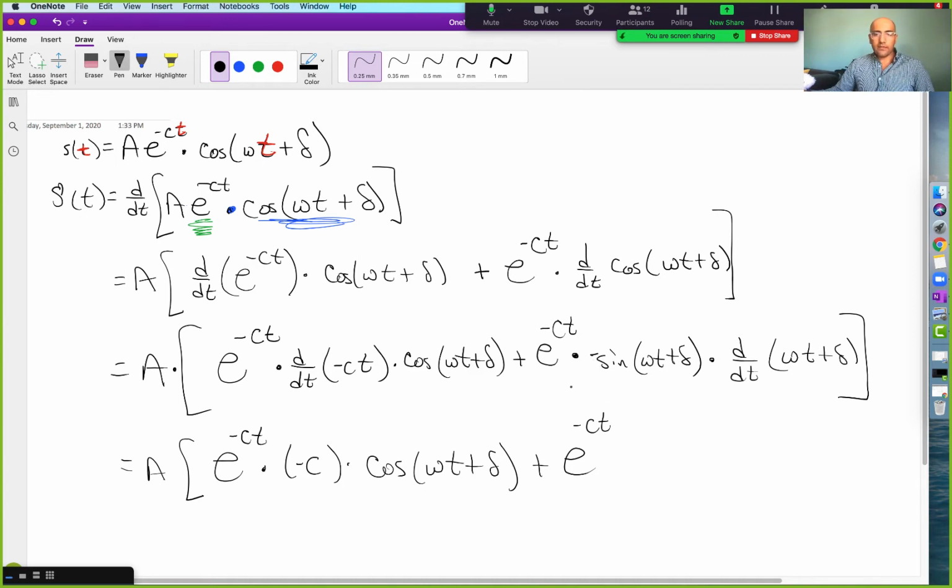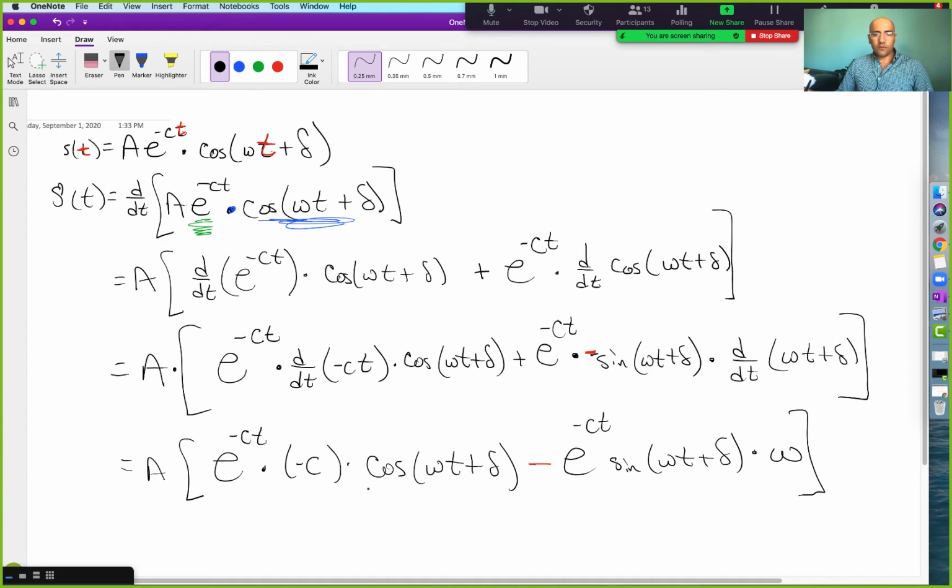I'm going to put that minus out in front, which means I'll take out this subtraction and make it a minus, right, because of this guy. So subtraction. And then I have sine of wt plus gamma.